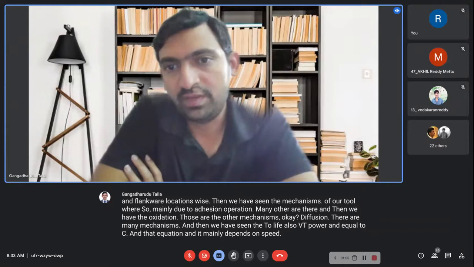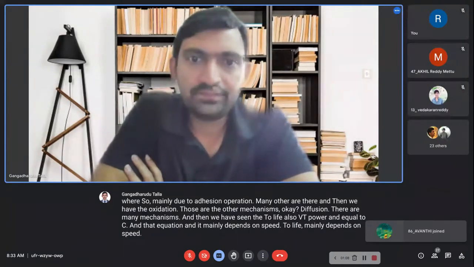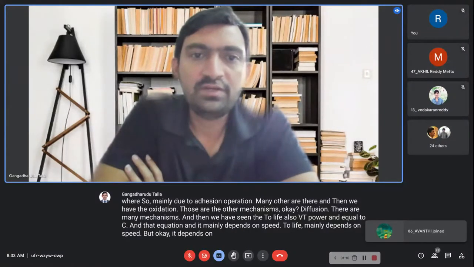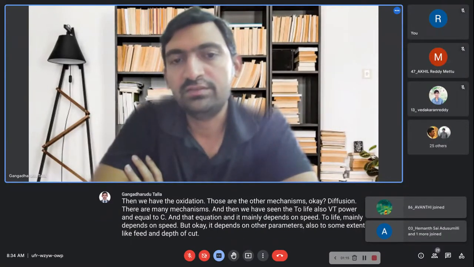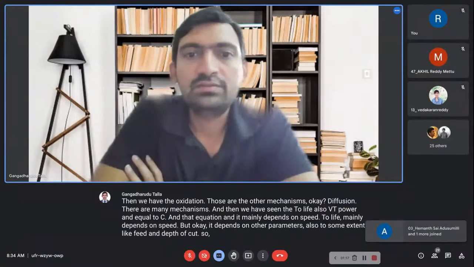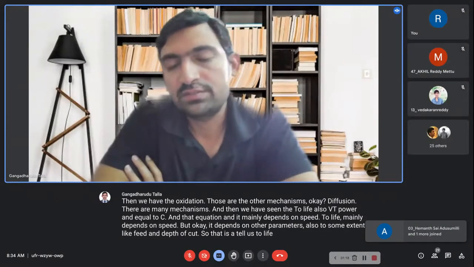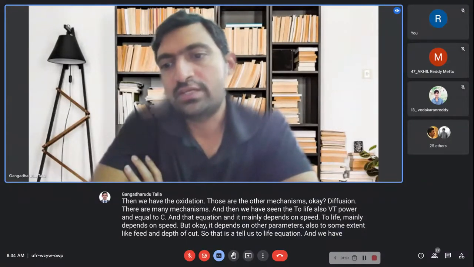Tool life mainly depends on speed, but it depends on other parameters also to some extent, like feed and depth of cut. So that is Taylor's tool life equation.